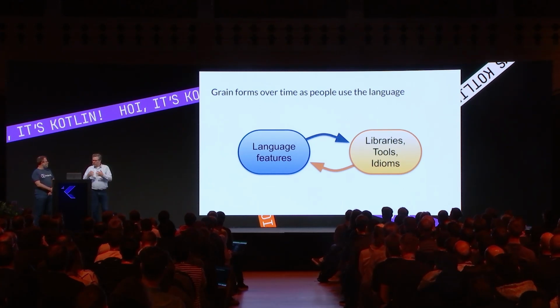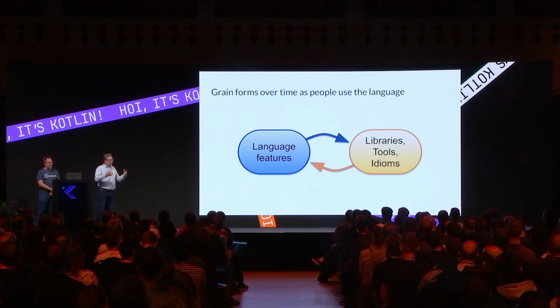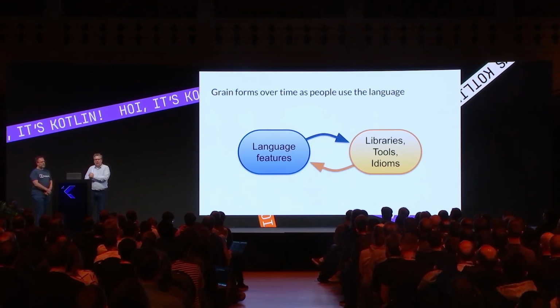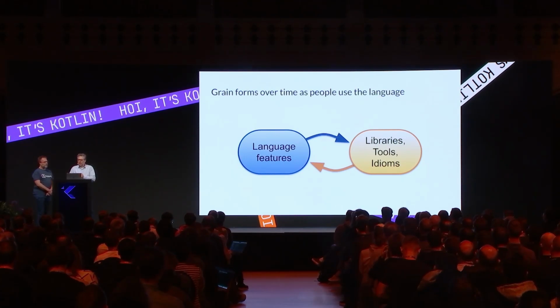So a language's grain forms over time. The designers who create a language, the designers of Kotlin, had an idea about what they thought would make a good program. And users learned how to use that programming language. They found edge cases, interesting interactions between features of the language, encoded that in their code, then shared that code as libraries with other people who built on it.